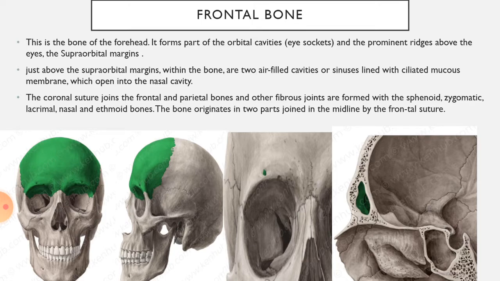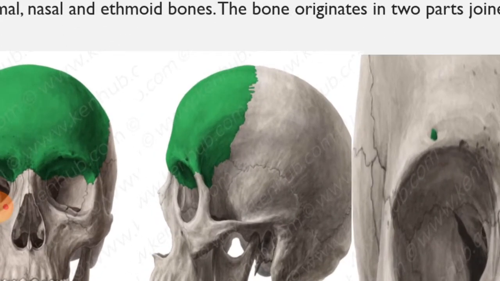Starting with the frontal bone. This is the bone of the forehead. You can see that this is the bone of your forehead lying anteriorly, and it forms part of the orbital cavities or the eye sockets and the prominent ridges above the eyes, the supraorbital margins.